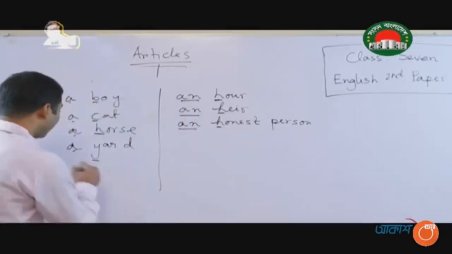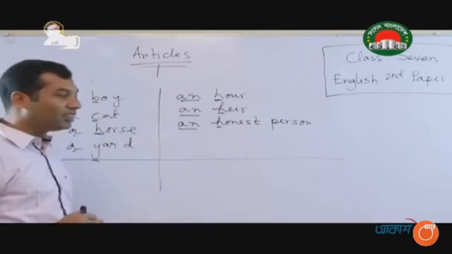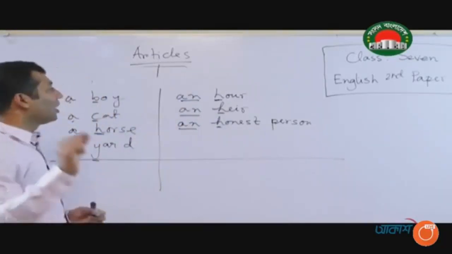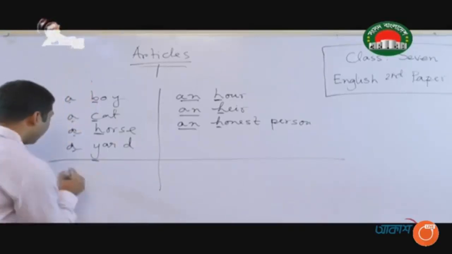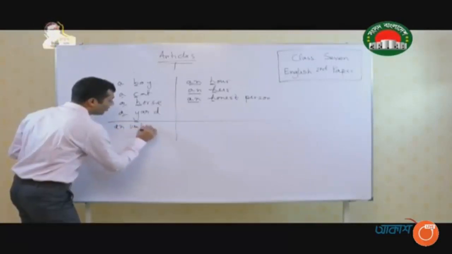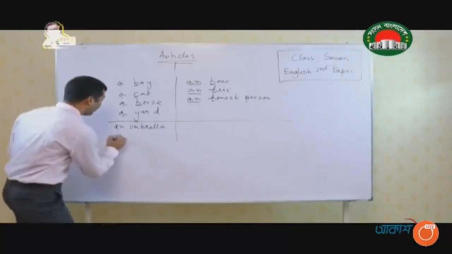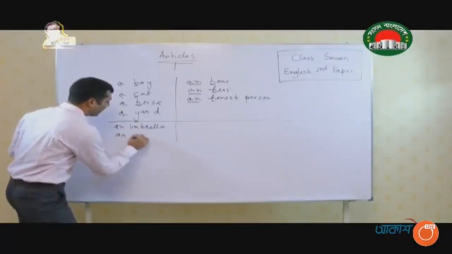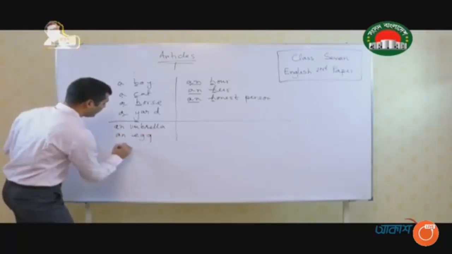Now come to the next episode, that is what I said at the very beginning, that we use an before a vowel sound. For example, an umbrella, an egg, an apple.